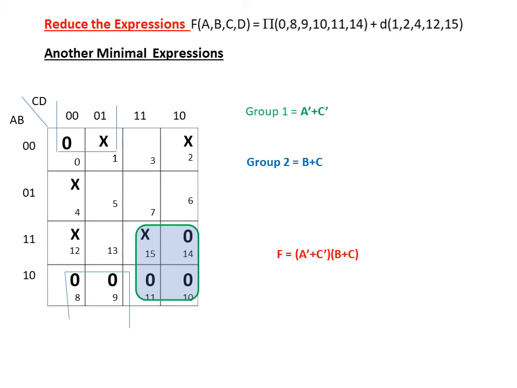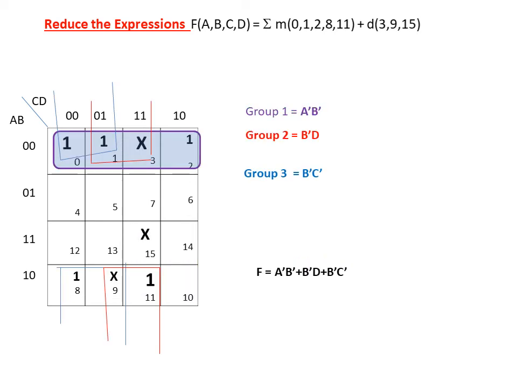In this example, the don't cares are 1, 2, 4, 12 and 15. So we are grouping this way: these 4 cells into one grouping, and these ones we can group with these two zeros. So with the help of this don't care, we made a 4-cell combination. Now the output expressions are for this one B plus C, and for this one A bar plus C bar.